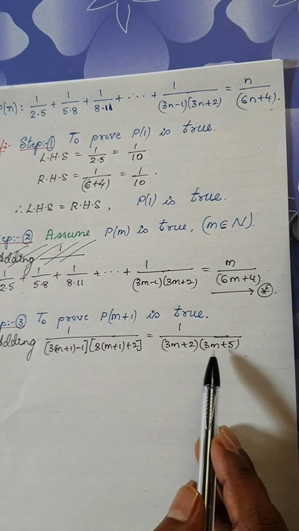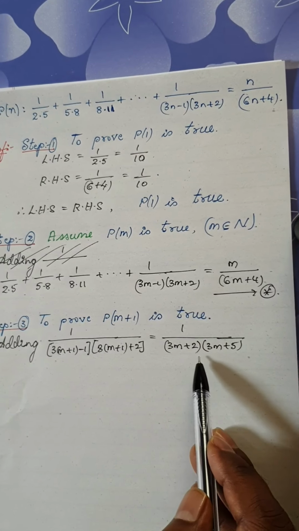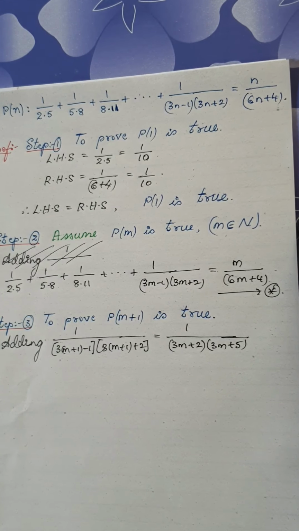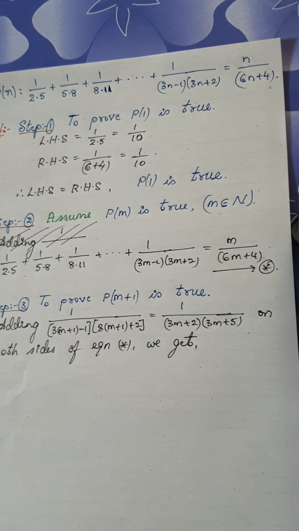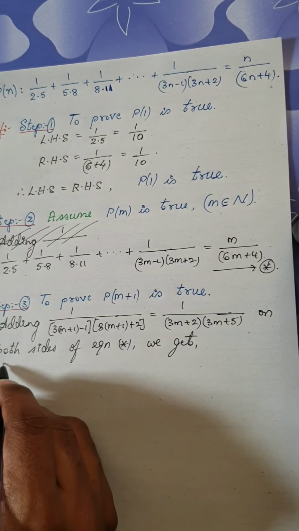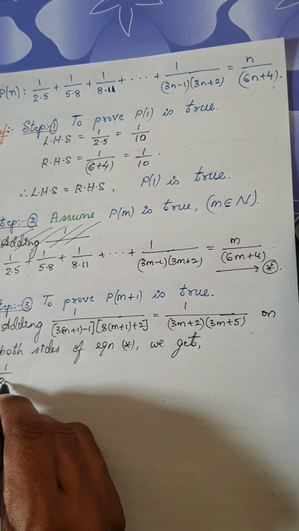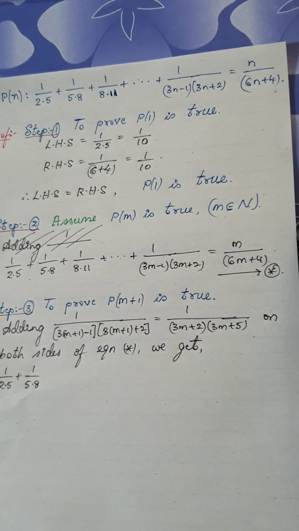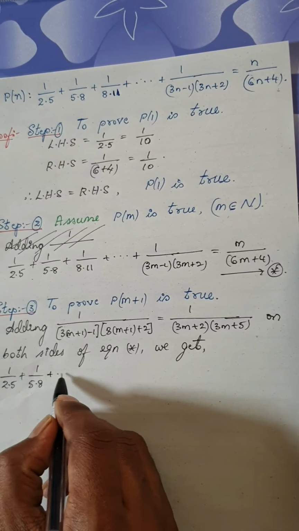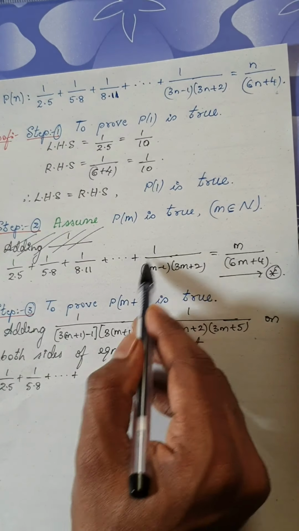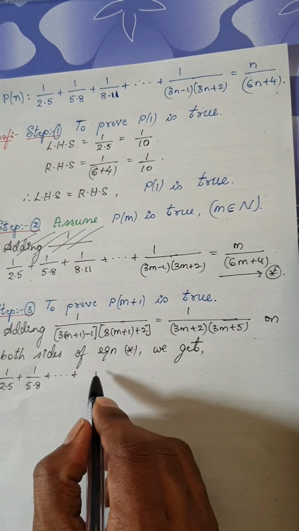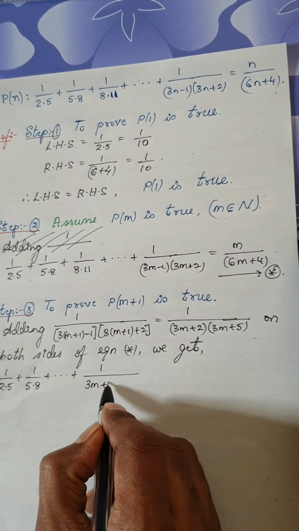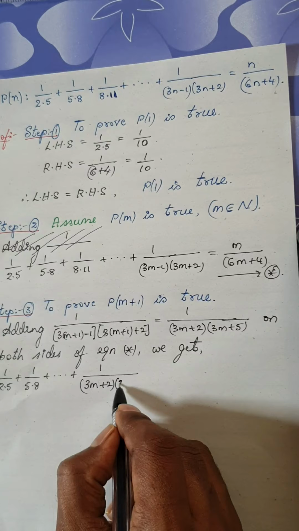Please be careful. We will be adding 1 divided by 3m plus 2 into 3m plus 5 on both sides of equation star. So let us see what happens if you add. I have 1 divided by 2 into 5 plus 1 divided by 5 into 8, and so on. Now instead of writing this step, you can directly write the next term. It is understood if you just write 1 divided by 3m plus 2 into 3m plus 5.